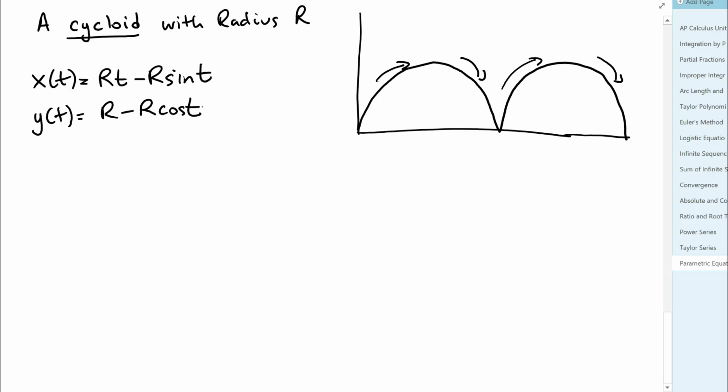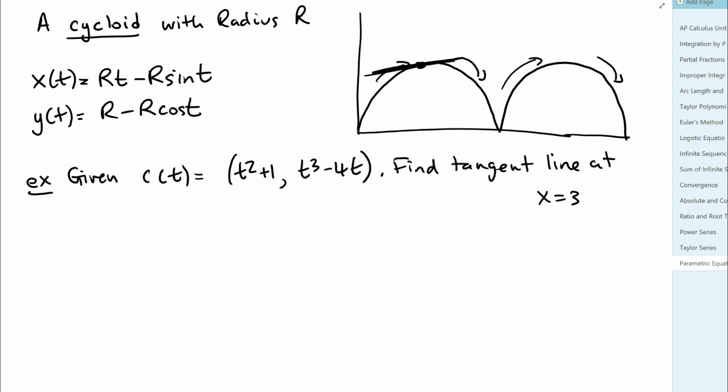And what's actually neat about this is we can actually find the slope of the tangent. So if you've got a point on here and you want to know what the tangent line is, we can do that. So let's go back to the question that we had before. Given that same parametric equation that we had before, let's find the tangent line at t equals 3.